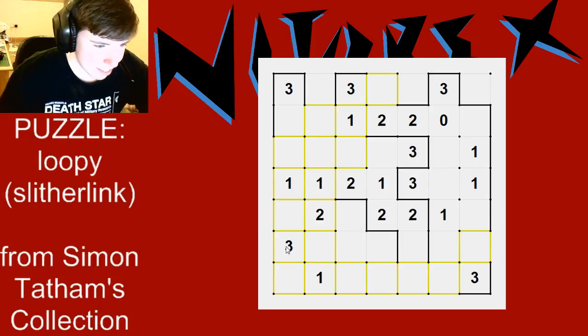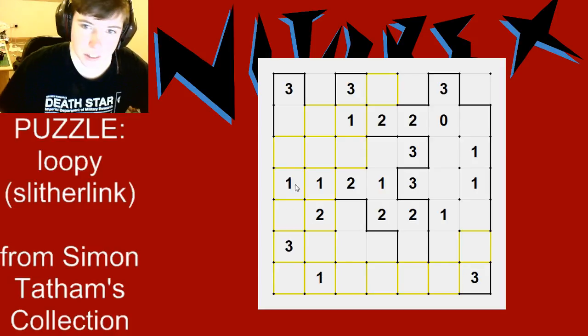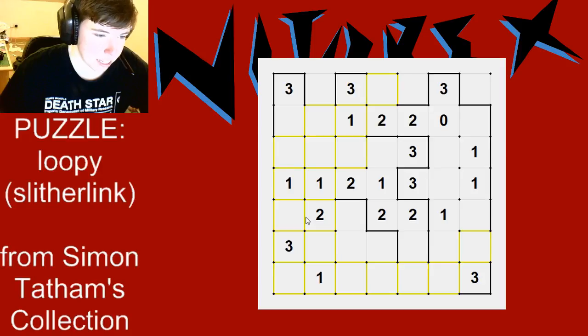You know, it's got to be at least 3 out of those 4, right? It's got to be exactly 3 out of those 4. This 2 can't be something like that. It's got to have either 1 going into this 3 or 0 going into this 3.